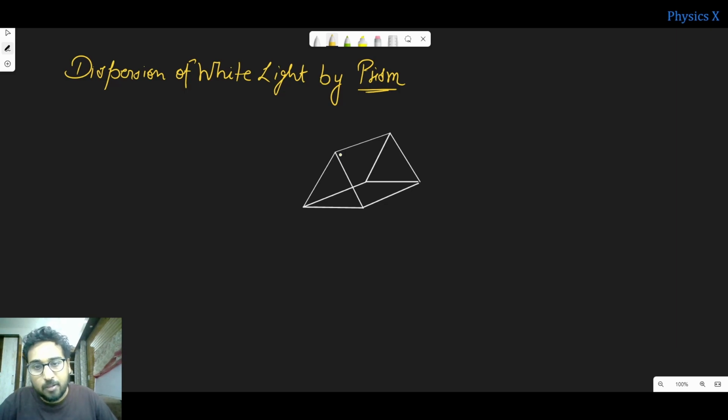These are the three surfaces. This prism has these surfaces: one surface is this side, and the other surface on the back side, the green colored one. There is also a base. So this is a prism.